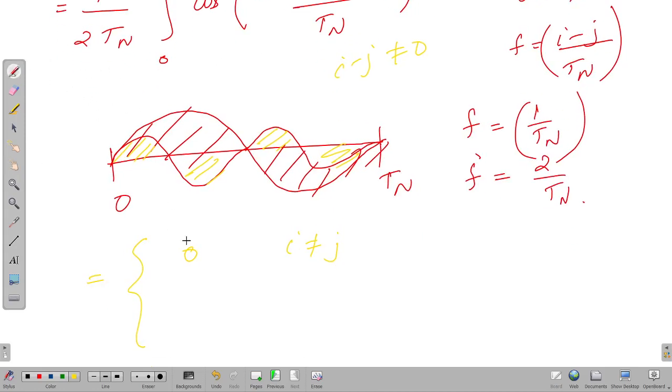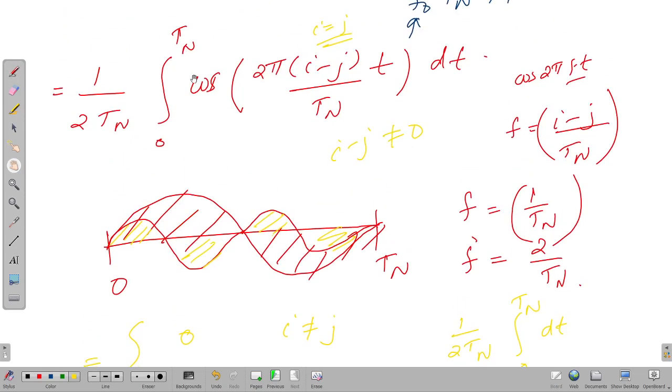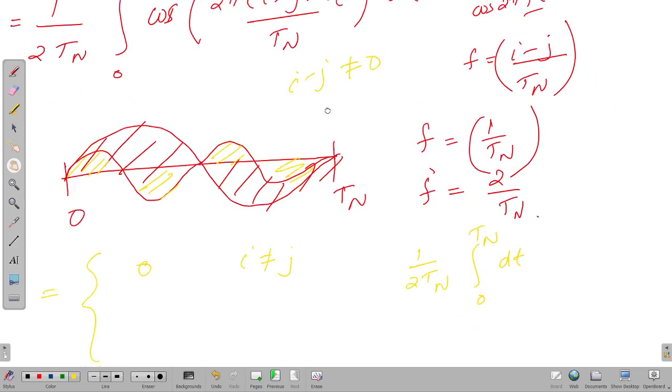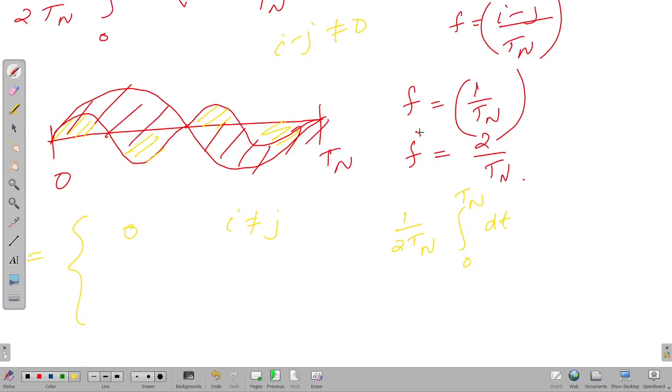So let me simplify it here: 1 divided by 2n integral 0 to Tn dt, with cos 0 equal to 1. What is this? This is equal to 0.5, right? So 0.5 or 1 by 2 when i is equal to j. Okay, this is a very important result.